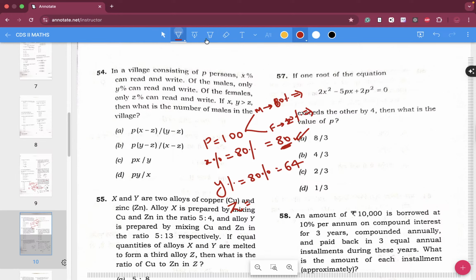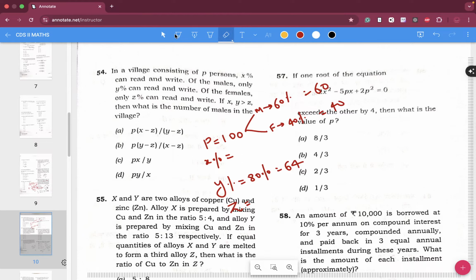Let's do that with 60-40 only and check what happens. Males are 60%, females are 40%, which means 60 males and 40 females. And if I say 90% of the males, okay, if not 90%, let's take the total population.